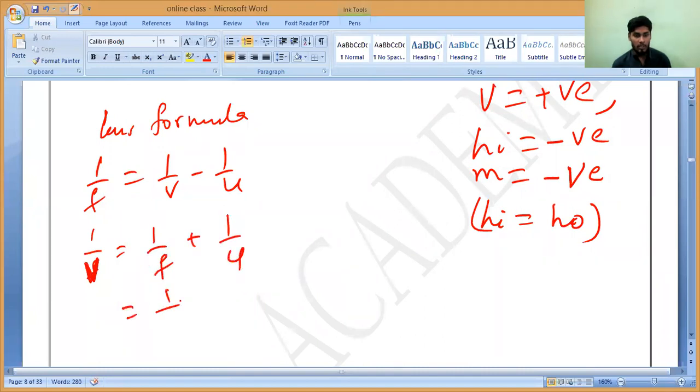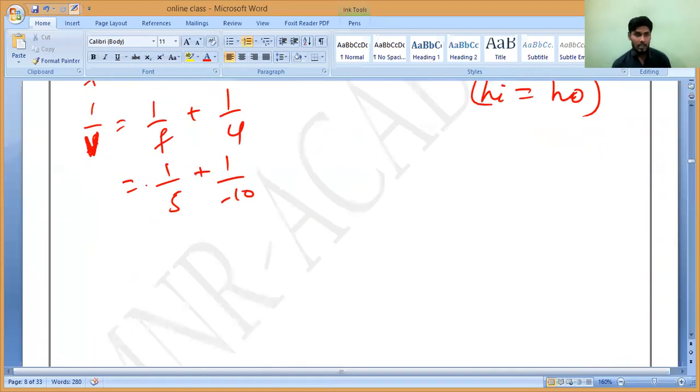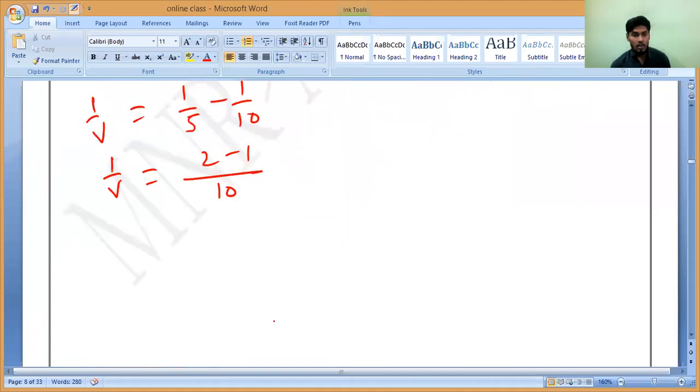So 1 by F equals 1 by V minus 1 by U. So 1 by 5 equals 1 by V minus 1 by minus 10. Understand? So 1 by V is equal to 1 by 5 minus 1 by 10. That is 2 minus 1 over 10 centimeters. So 1 by V is equal to 1 by 10. V is equal to 10 centimeter.